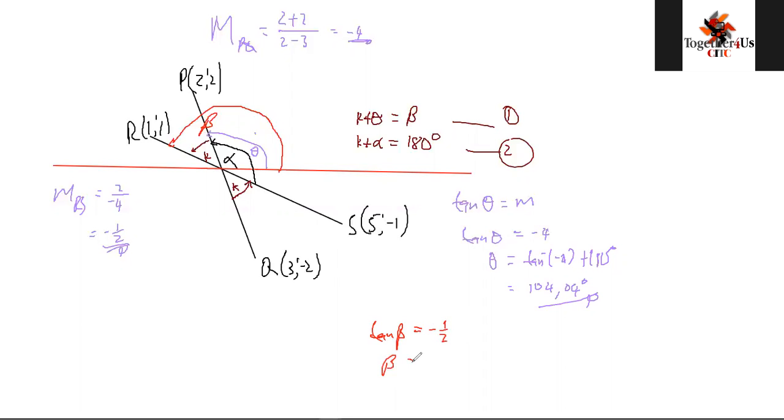So we know that beta will be arctan of minus a half plus 180, because we are having an obtuse case. So once again, you can just go ahead and press that in your calculator. I'm doing the same in my calculator here. And then if I add 180, I am getting 153.43 degrees. I've rounded that.